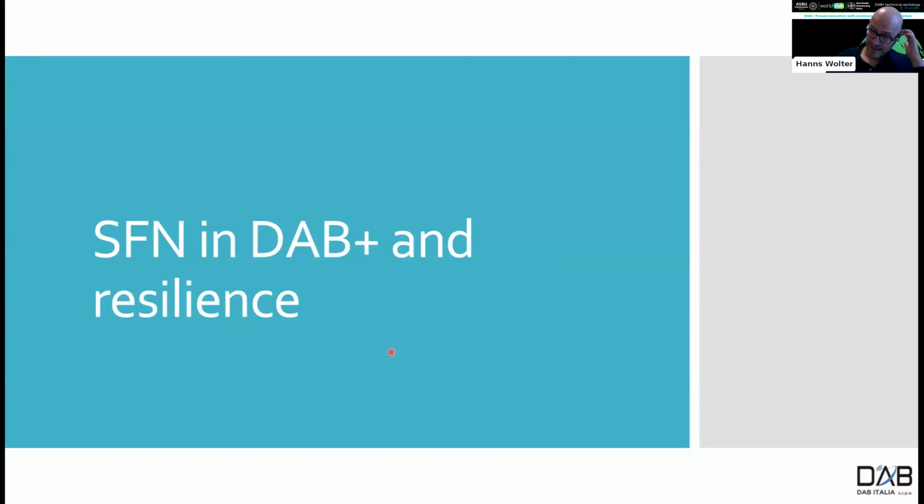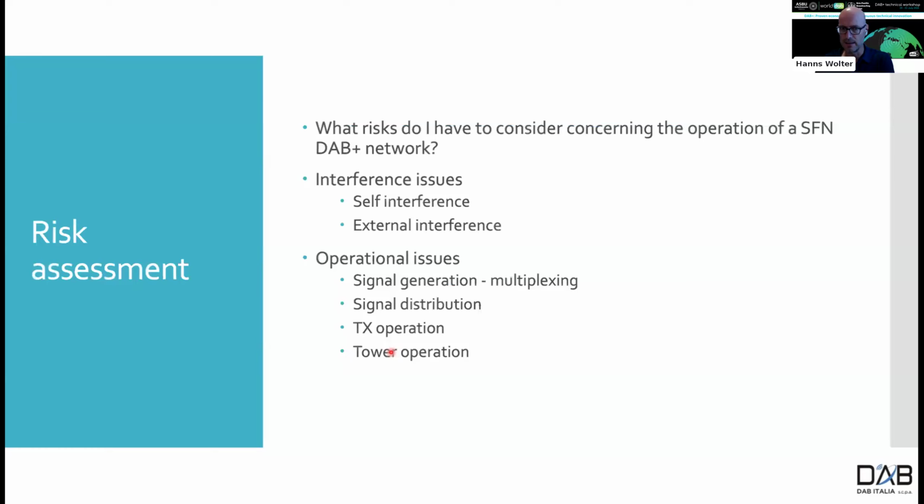Because SFN has this fantastic capability to make your transmission networks more resilient. When you run a DAB network, especially in SFN, you have some issues and some risks you have to manage. You have interference issues, self-interference and external interference, and this has been covered by Les.